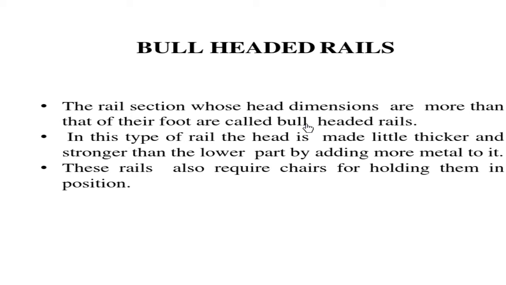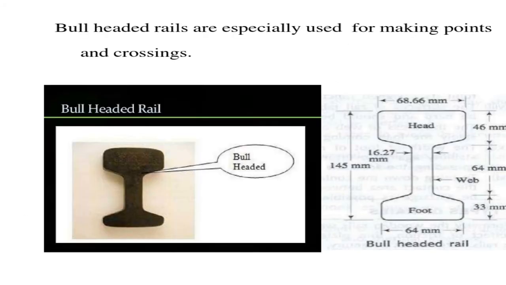Here the head is made a little thicker and stronger than the lower part by adding more metal to it, and these rails also require chairs for holding them in position. Just now in the previous slide I showed you the chairs. So in bull-headed also we require chairs for their proper holding.